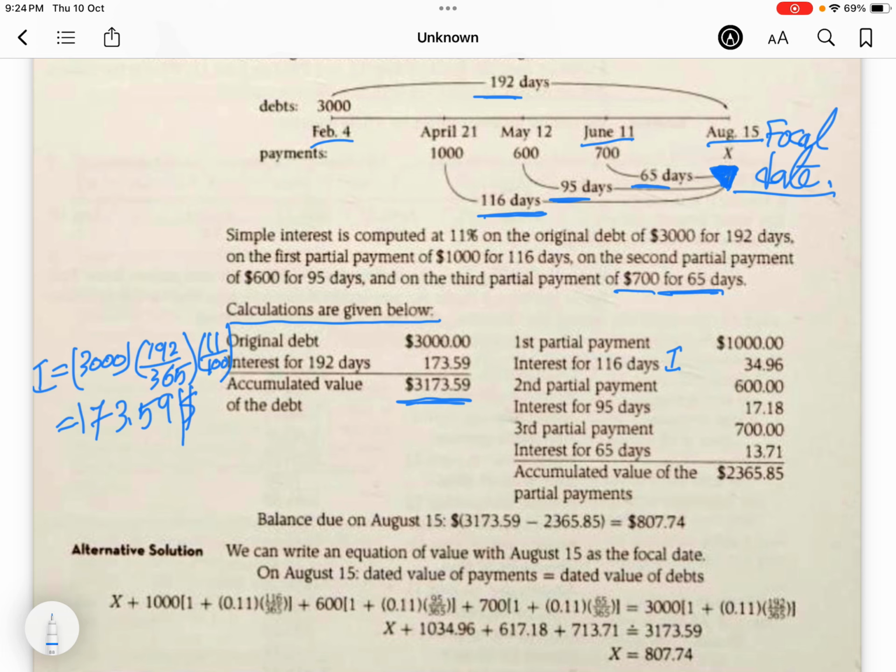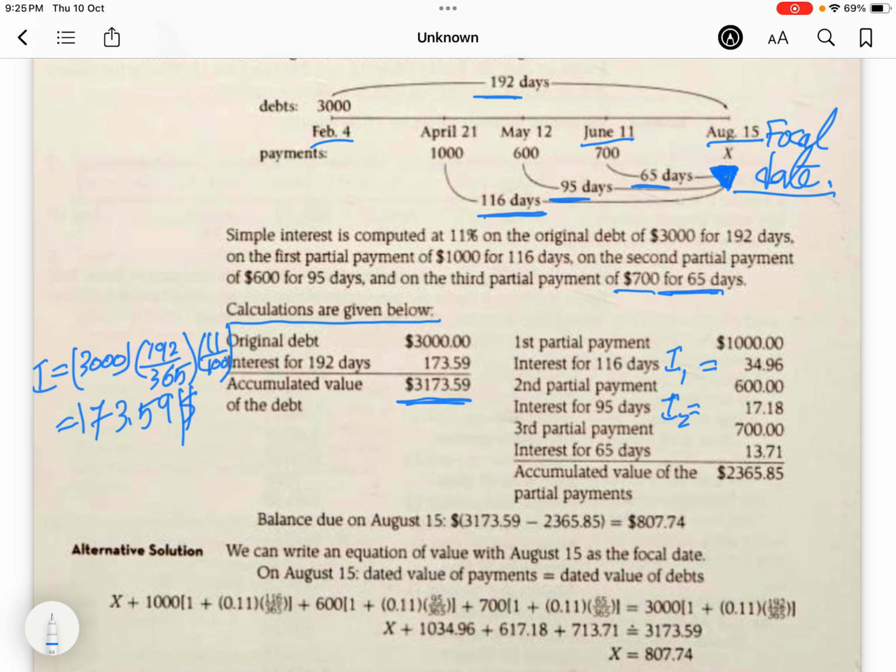I1 equals 34.96. Here the second payment, 600. I will calculate I2.